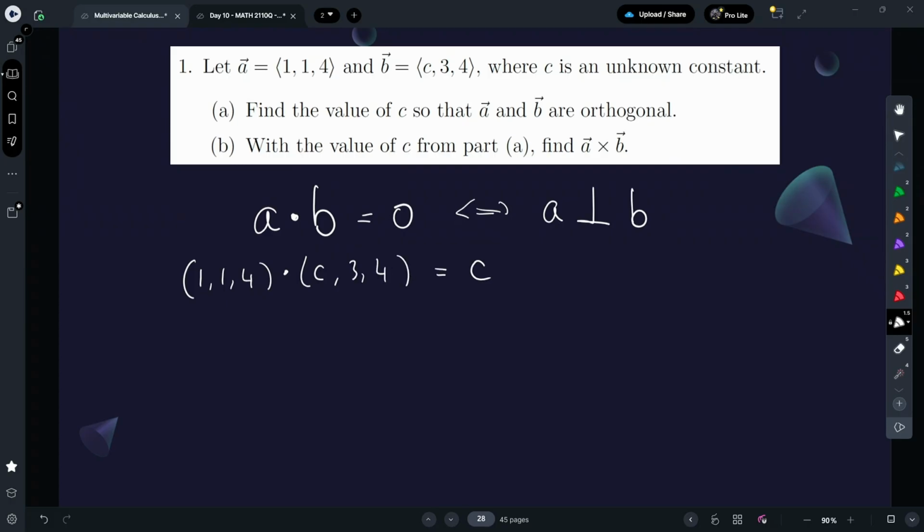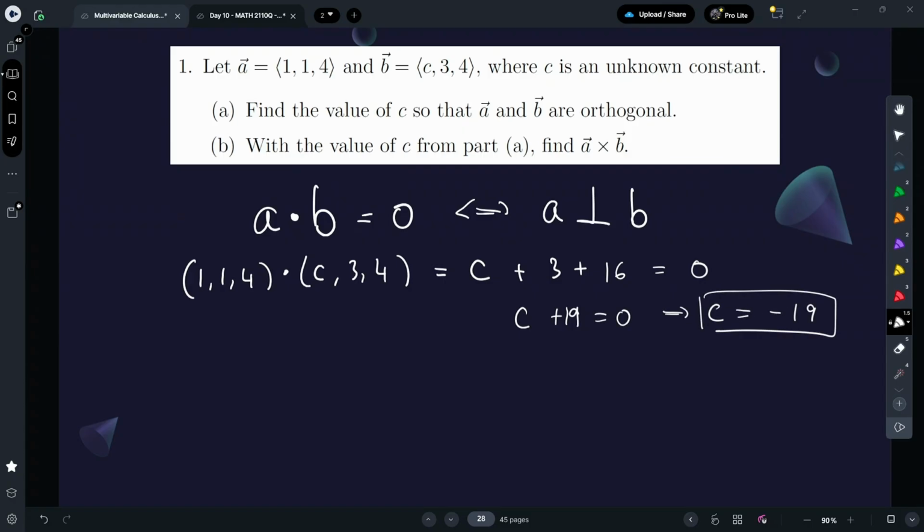Oh, I copied it wrong. It's C plus 3 times 1 plus 4 times 4, 16, equal to 0. So C plus 19 is 0, so C is equal to minus 19. There's only one value that makes them orthogonal.